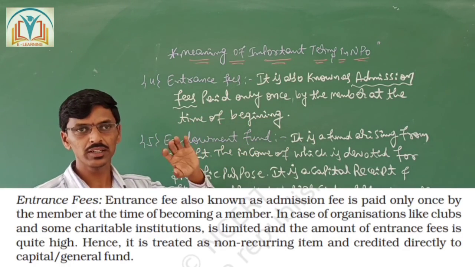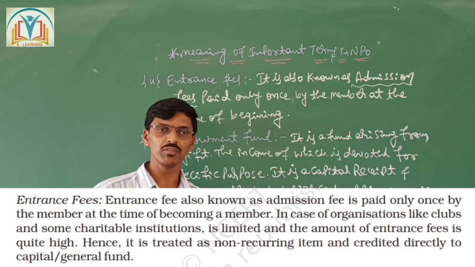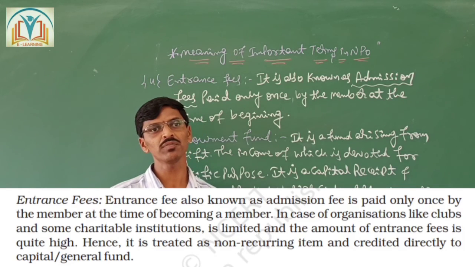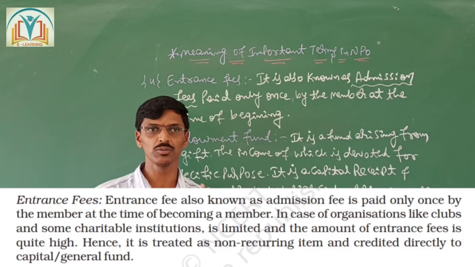That is called entrance fees. Generally it is revenue in nature, hence it is shown on the income side of the income and expenditure account.